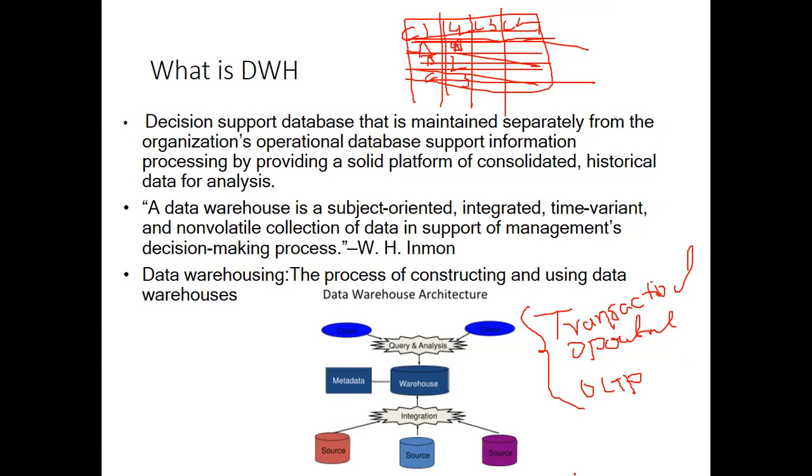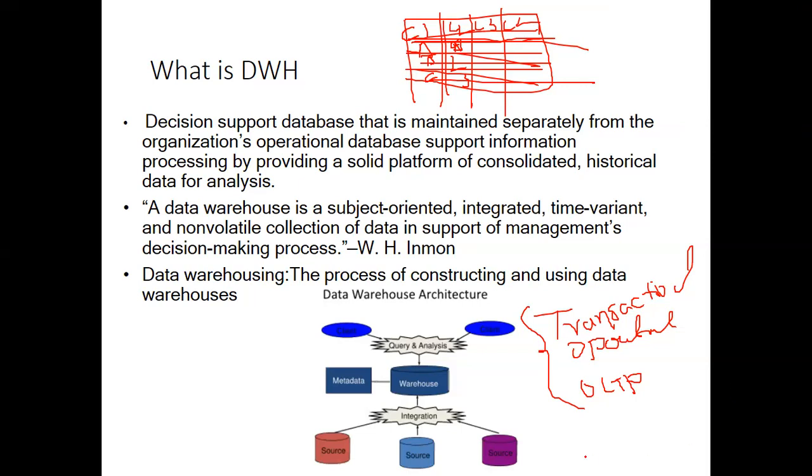You open a locker in your bank, that is a transaction. You go to a hospital, consult a doctor, and your details are added, that is a transaction. You pay some money for your consultation, that is a transaction. And suppose unfortunately you get admitted to the hospital, then an invoice will be generated, that is a transaction, right?